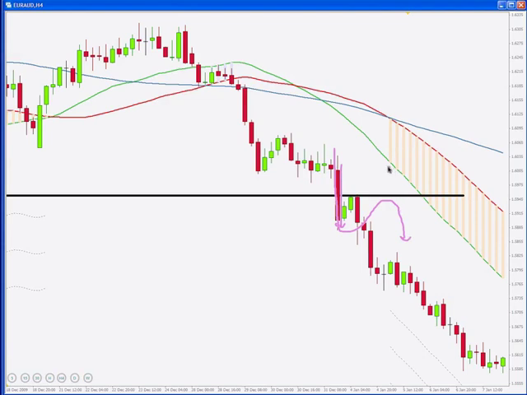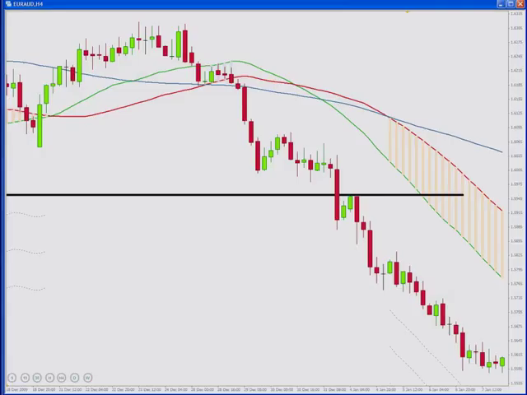So like I say, please try to learn to visualize the shape of the pattern as a whole. By the way, do not be surprised if on occasion you don't quite get any pullback at all.